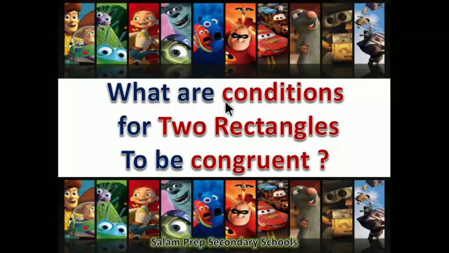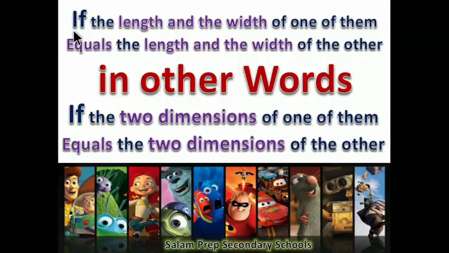What are the conditions for two rectangles to be congruent? If the length and the width of one of them equals the length and the width of the other.